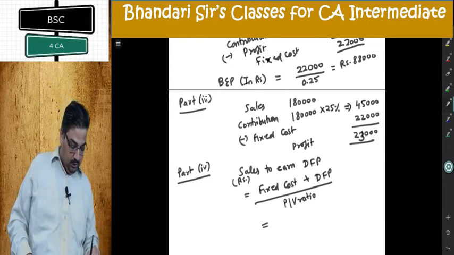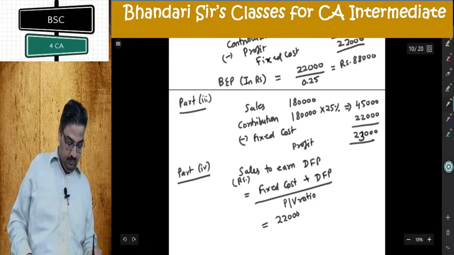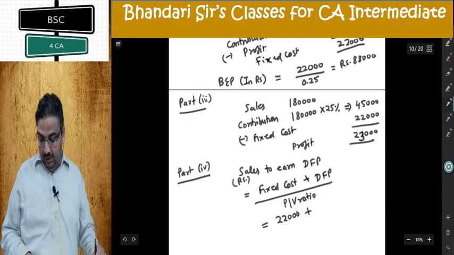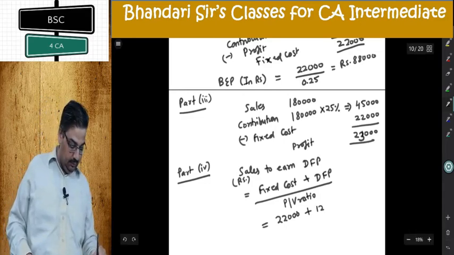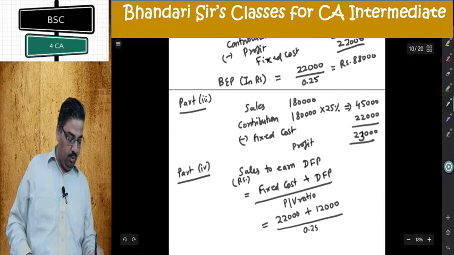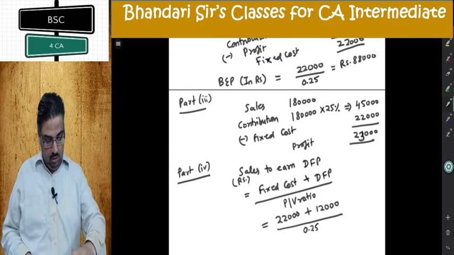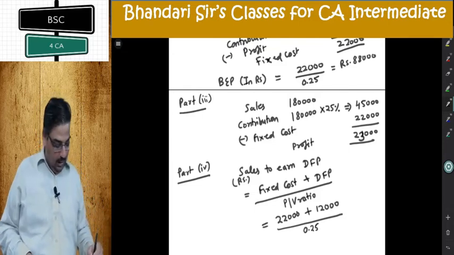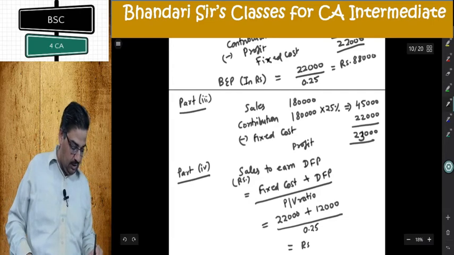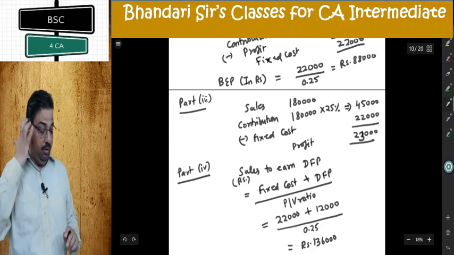So fixed cost was 22,000 plus desired fixed profit 12,000 divided by PV ratio 0.25. This is 34,000 divided by 0.25. 1,36,000 rupees is sale to earn desired fixed profit of 12,000.